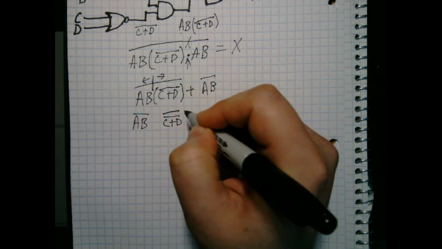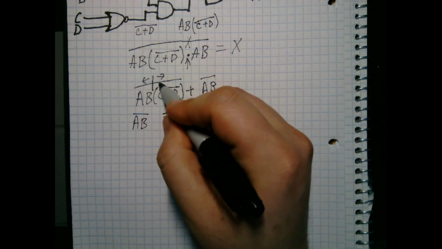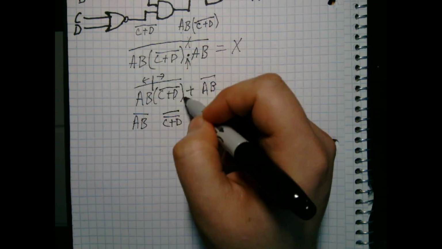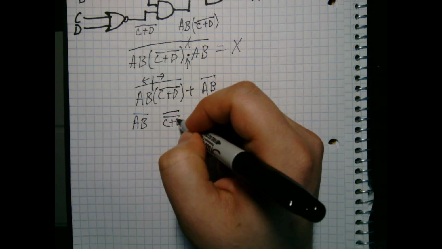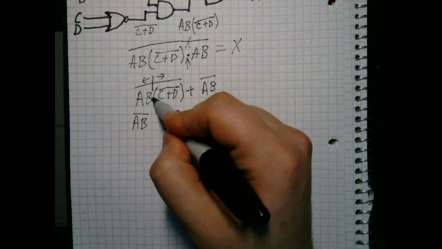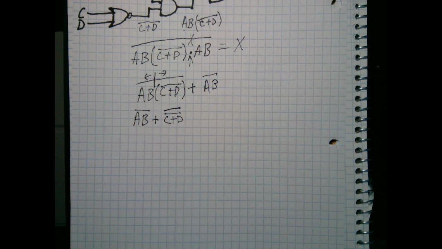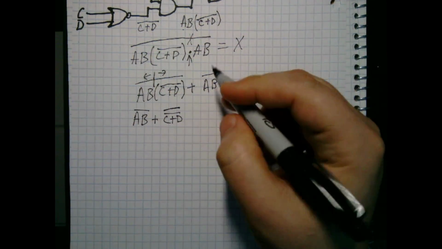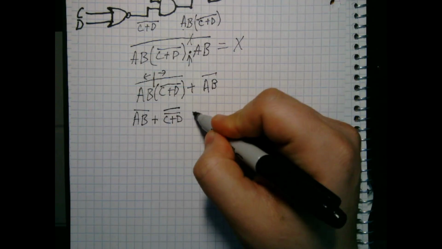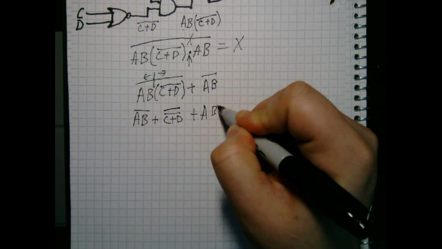Because this bar would be just over the parentheses value here, and then they were ANDed together, we need to flip that AND to an OR now. And then, of course, copy down our other term from up there.